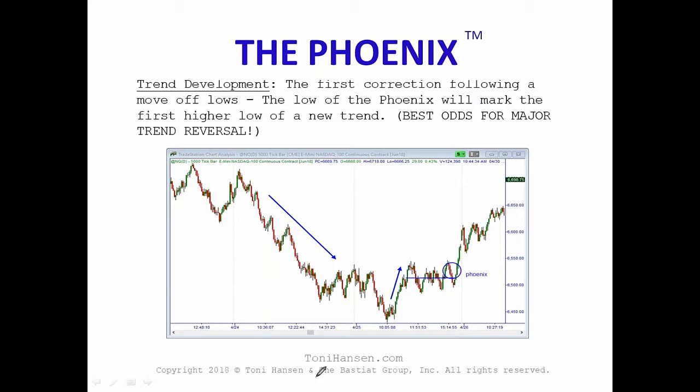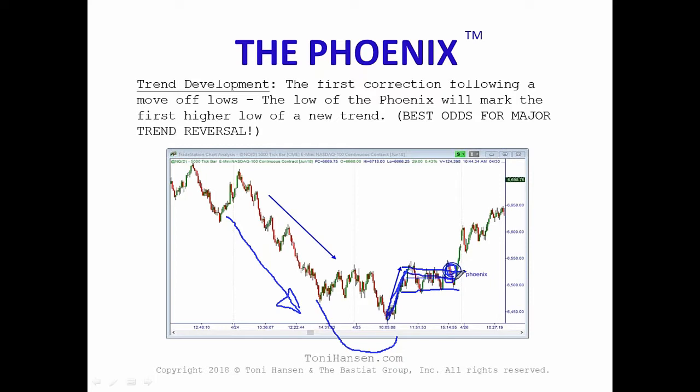In the inverse head and shoulders, the overall trend channel will be a much stronger downtrend, and then you'll be looking for a reversal that basically turns around that entire trend. So you will see that move off of the lows where it's average to stronger than average, and then you will see that more gradual channel or pullback. The Phoenix is actually a break coming out of that channel.